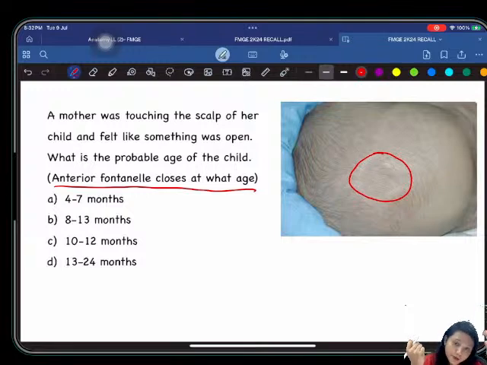So they have told that the mother was touching and she felt it was open, means it has not ossified. So what is the probable age? They have given 4 to 7 months, 8 to 13 months, 10 to 12 months, and 13 to 24 months. So anybody who has attempted this question can answer in the chat.